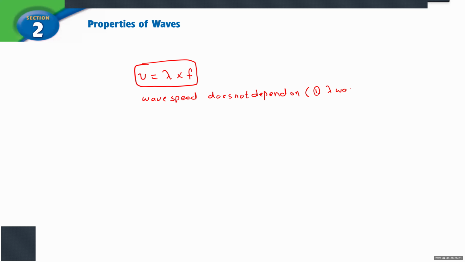Velocity equal lambda times frequency. Wave speed doesn't depend on, first one lambda, meaning wavelength, second one frequency.